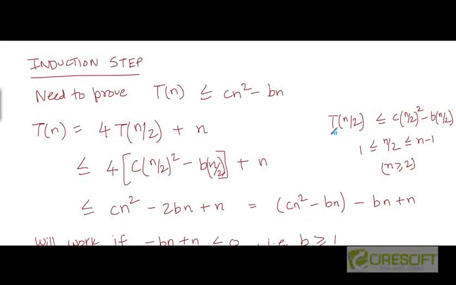So for n greater than or equal to 2, t of n by 2 can be replaced by c times n by 2 squared minus b times n by 2.